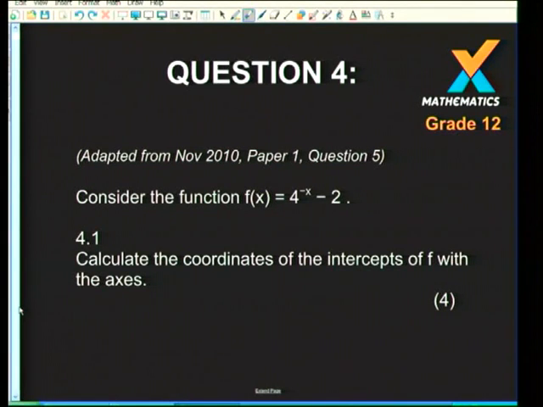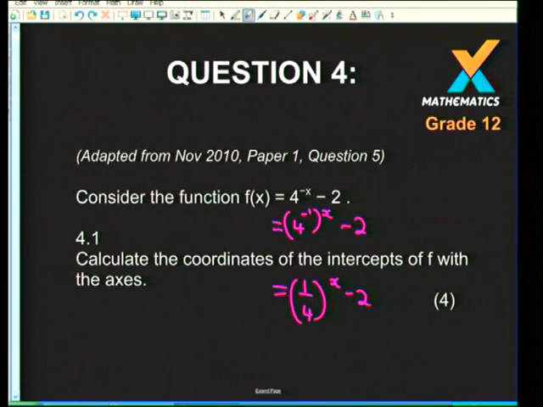Right, it says there, consider the function f of x equals 4 to the minus x minus 2. Now, just before we go anywhere here, we could write this as 4 to the minus 1 to the x minus 2, which in turn would be written as 1/4 to the x minus 2. So really what we're getting here is a need to understand the different ways of writing exponents.